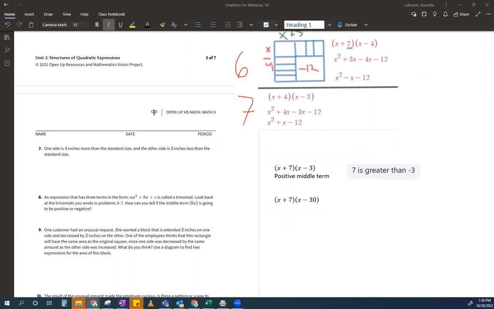Yes, this is a negative middle term. Why? Yeah, why? Yes, because here the -30 is going to be, the negatives outweigh the positives in this one, right? Does that make sense? Very good. Awesome work today. Awesome, awesome, awesome.